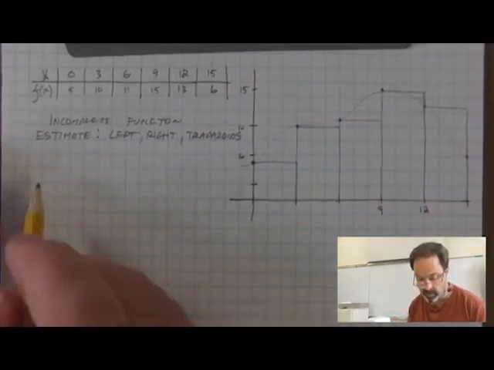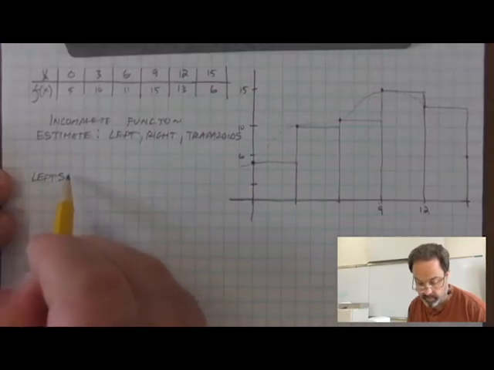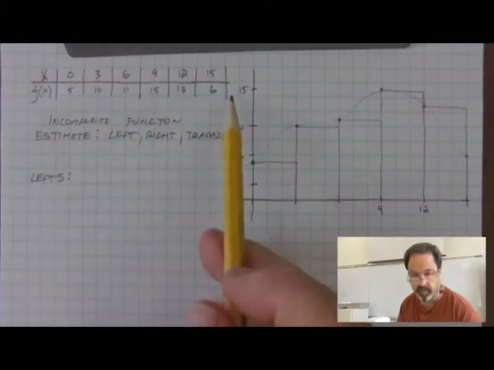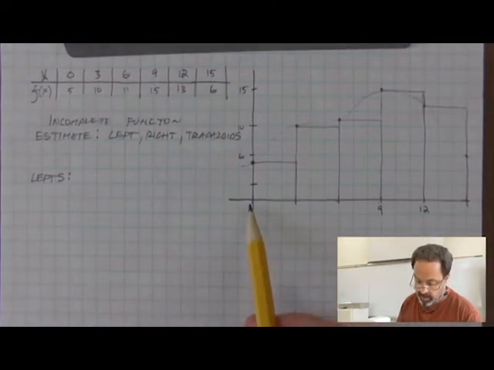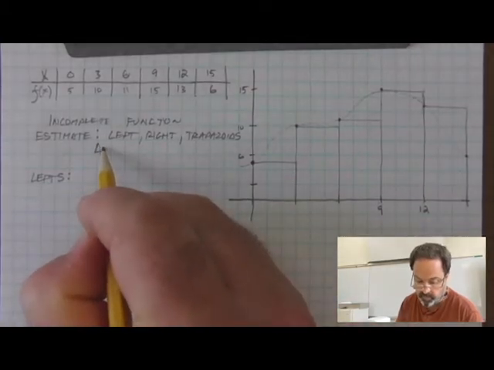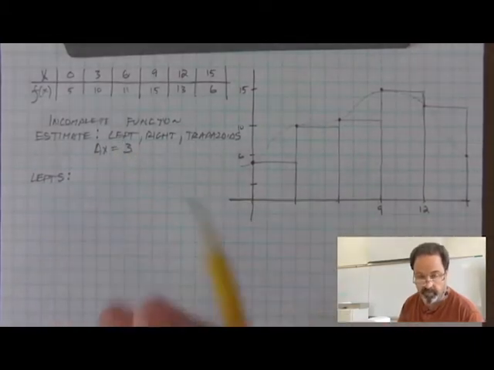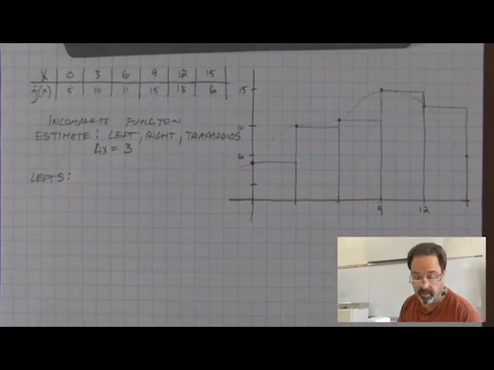And I can calculate those lefts from the table of data. I can see that every rectangle has a base or a change in x of 3. That's helpful. Not necessary, but if the base of every rectangle is the same, then it helps organize the calculation.